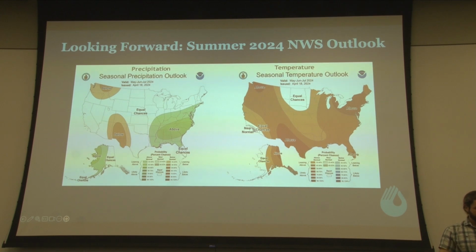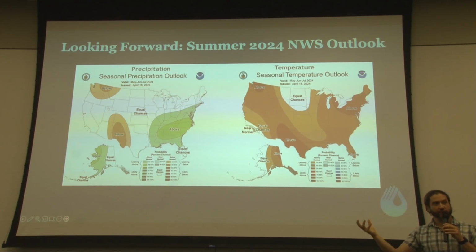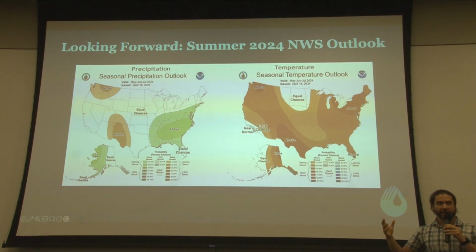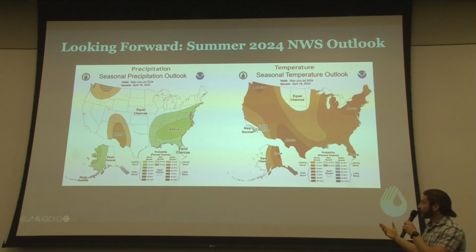We've already seen this map in the last presentation, but this is NOAA's outlook for the next 3 months. We're expecting above average temperature, which means drier soil conditions, which means when it does rain, less of that water is going to make its way into the aquifer and recharge the aquifer.